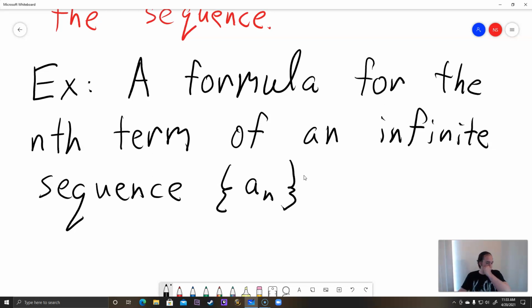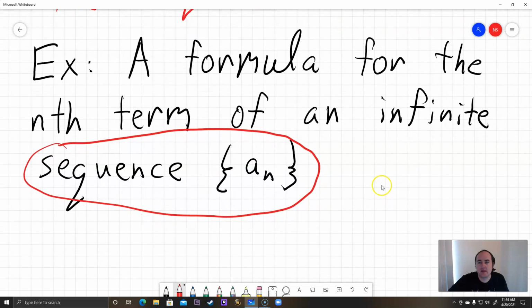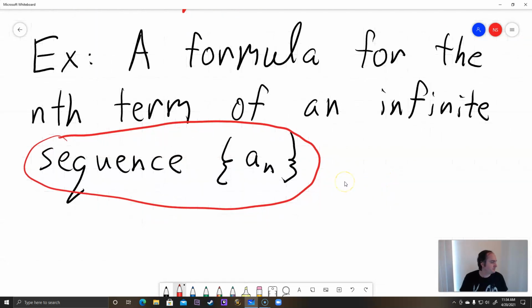Okay, so this right here is the sequence notation. It's got a curly brace, and then it says a sub n, a with a subscript of n, and then it ends the curly brace. Okay, so they're saying a formula for the nth term of an infinite sequence a sub n is given.